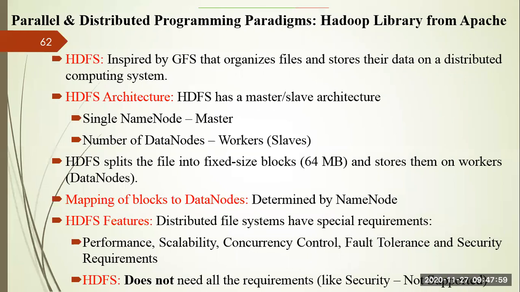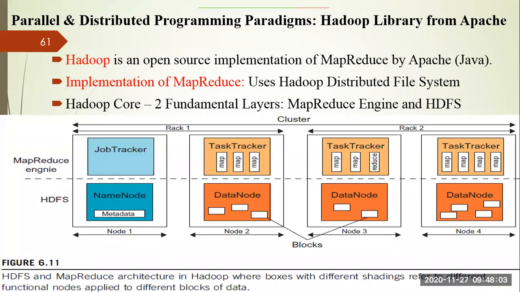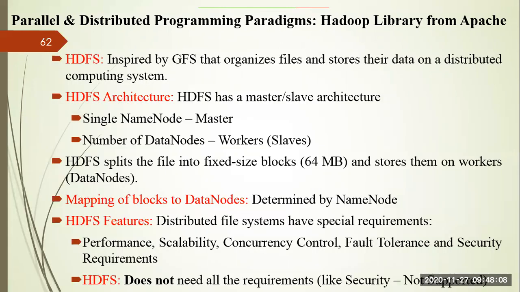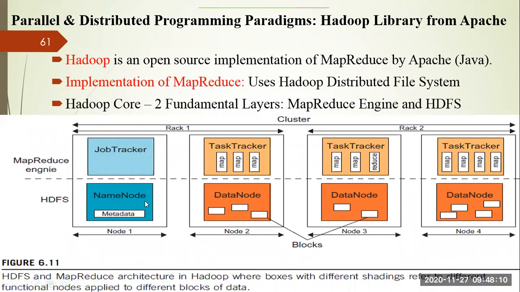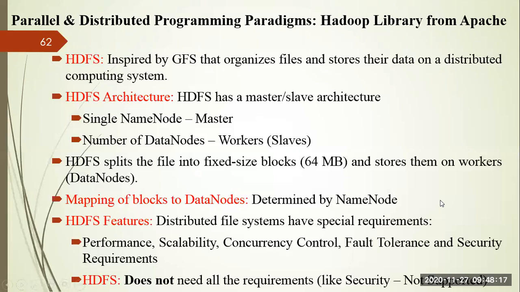If you see the HDFS architecture, HDFS is a master slave architecture, and in this architecture there are two kinds of nodes. One is the name node, which contains the metadata, and you have a set of data nodes, right? There is a single name node.